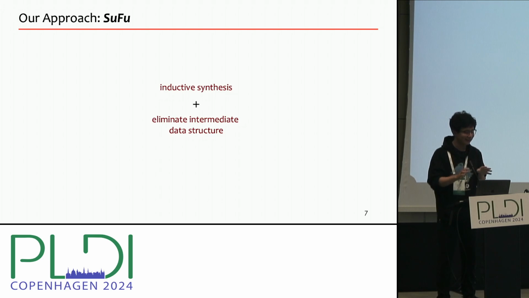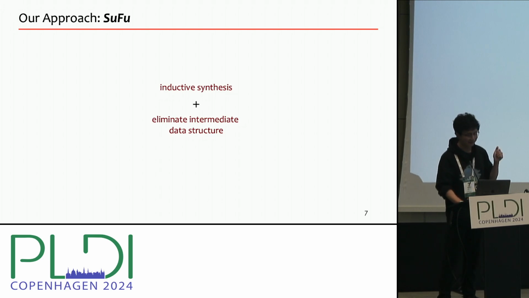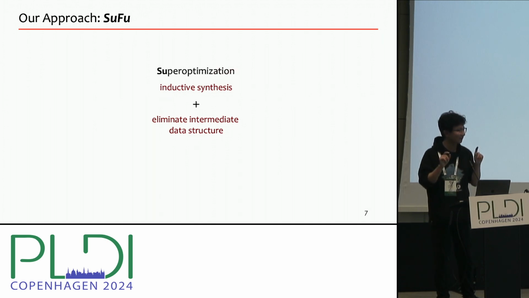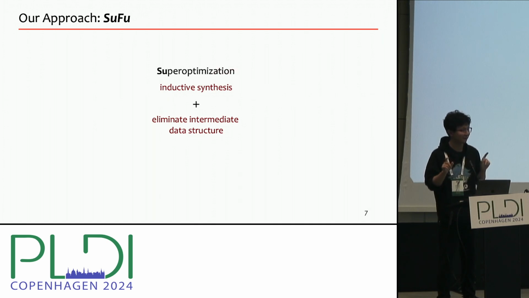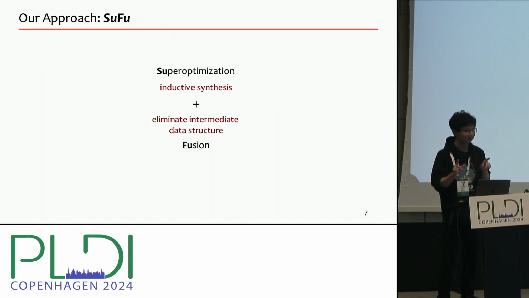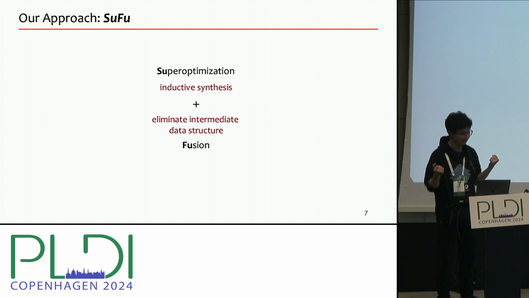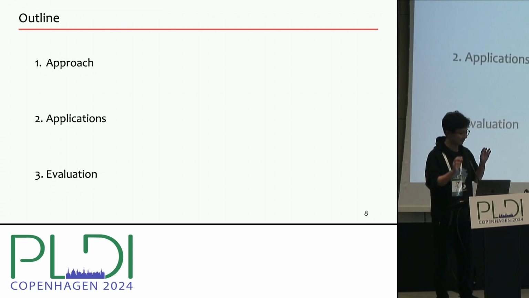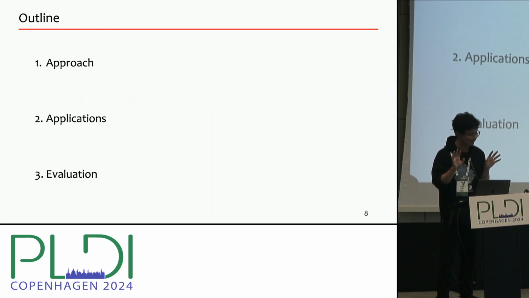And this very good name, SuFu, comes from the abbreviation of two related lines of research. They are superoptimization, which uses inductive synthesis to optimize programs, and fusion, which first studied the general idea of eliminating intermediate data structures. Okay, so in the remainder of this talk, I will first show you an overall workflow of SuFu, and then I will show you two very interesting applications of our approach, and finally end with some very brief evaluation.